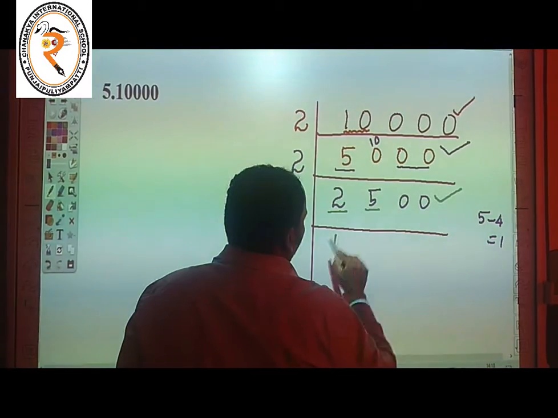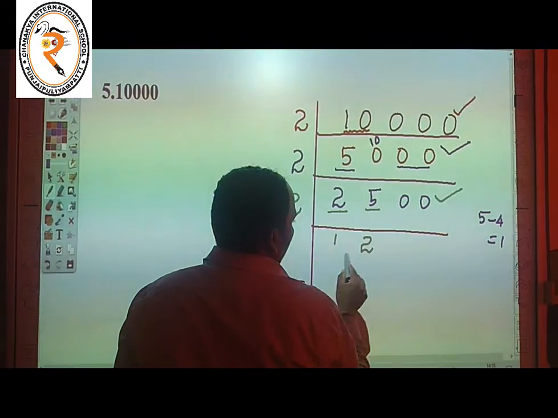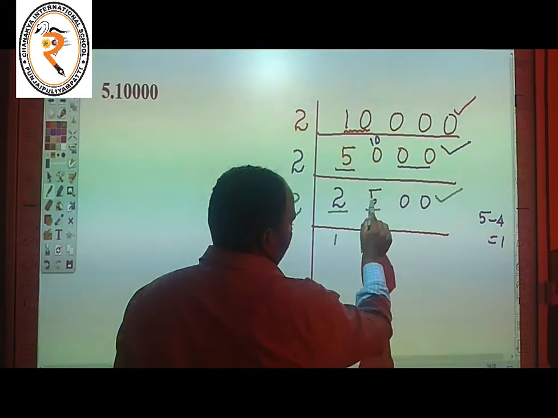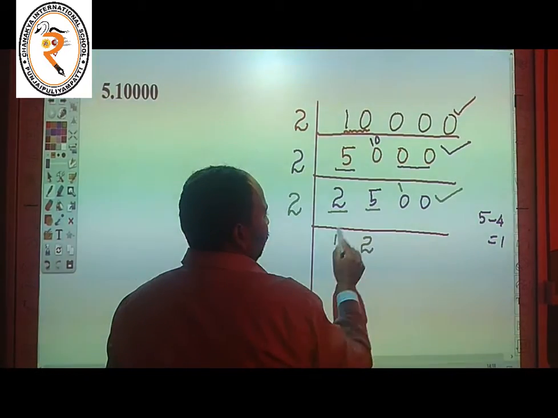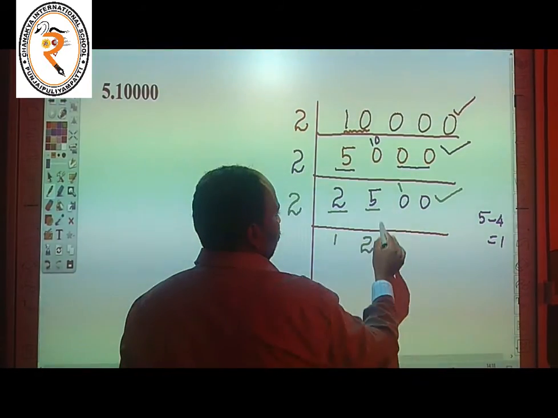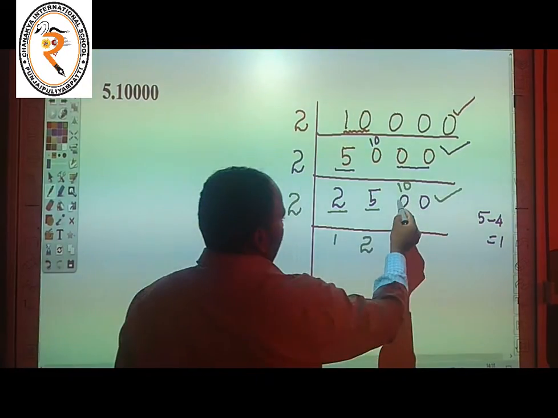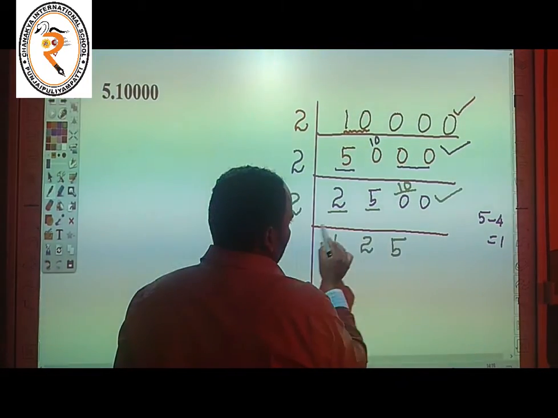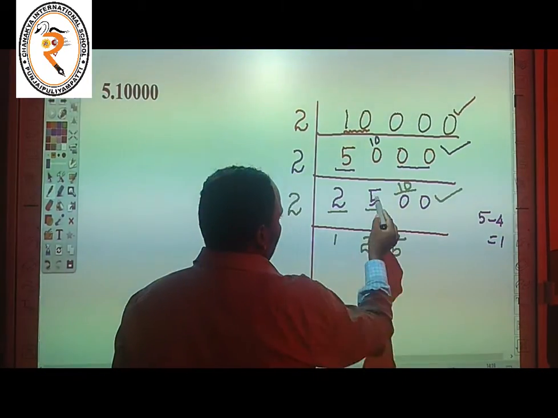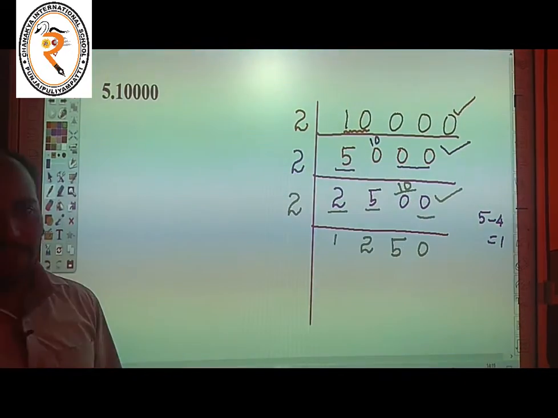Next one 5. 2 twos are 4. 5 minus 4 is equal to 1. And 0 is there, so 10. So 5 twos are 10. 1 zero remains. Take 1 zero.